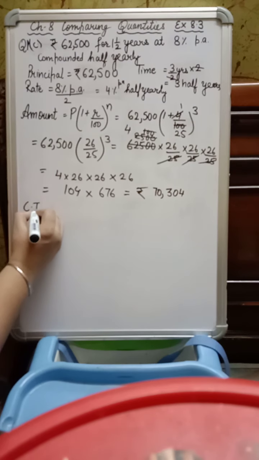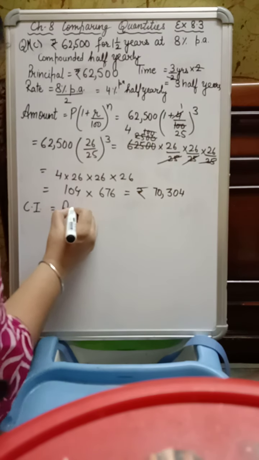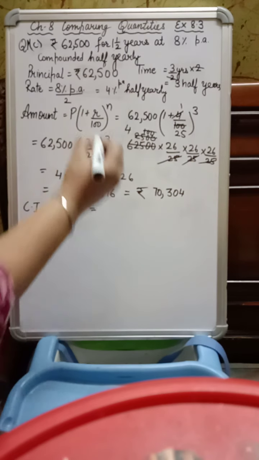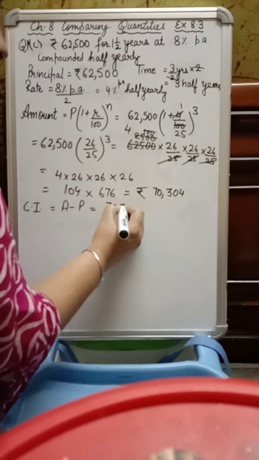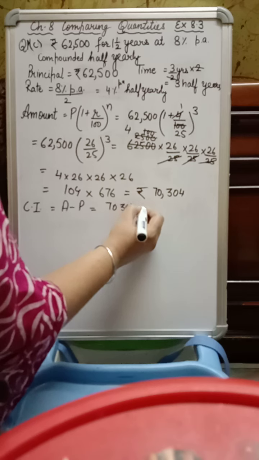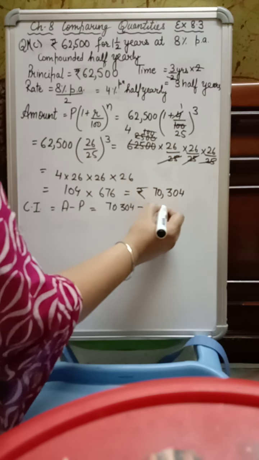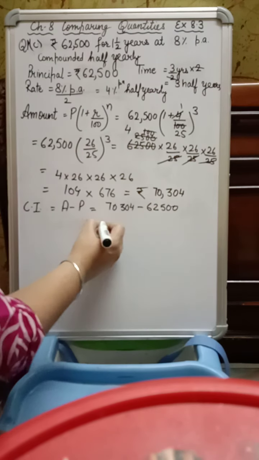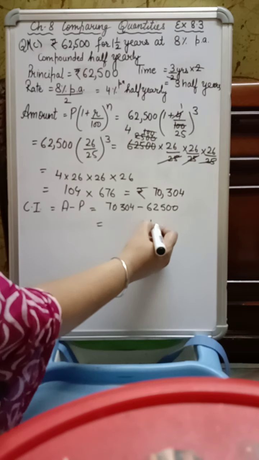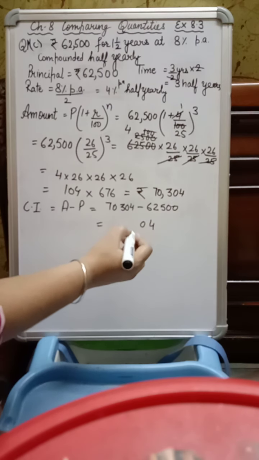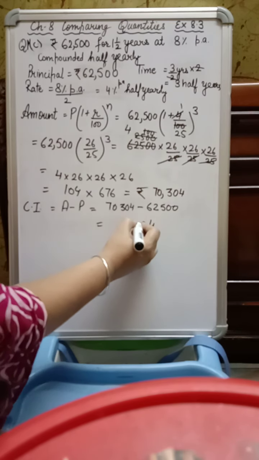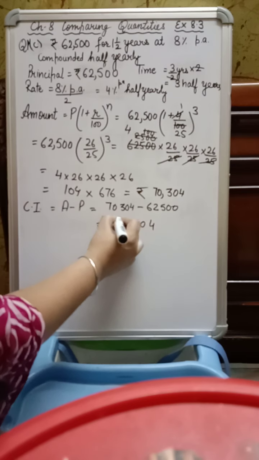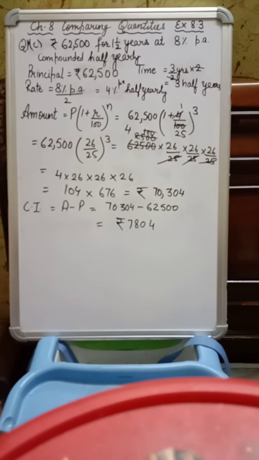Next you have to find the compound interest, that is amount minus principal. Amount is 70,304 and principal is 62,500. When you subtract the two, you will get 7,804. I hope it is clear to everyone.